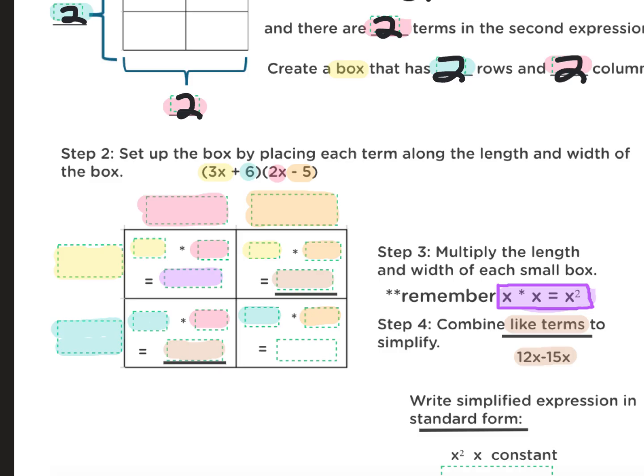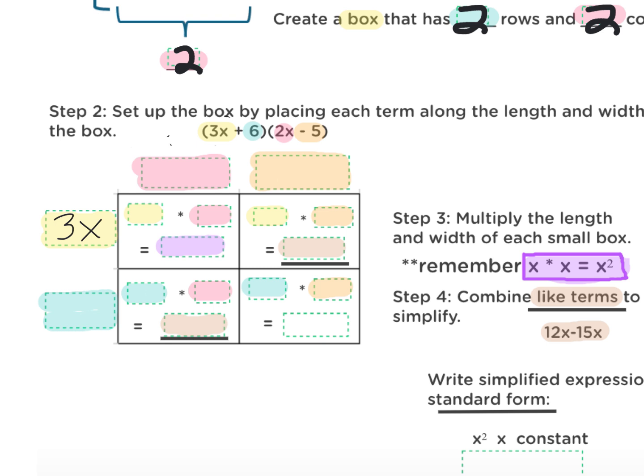So now to set up the box, we're going to take the first term in the first set and place it here on the left side of the box. Then we take the second term in the expression and put it here along the length of the box. Then we'll take the first term of the second expression and place it here.